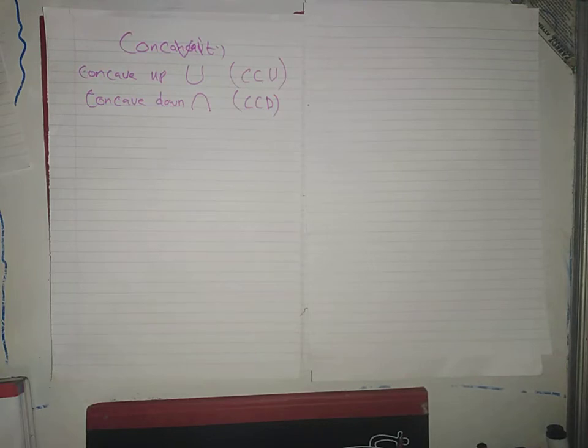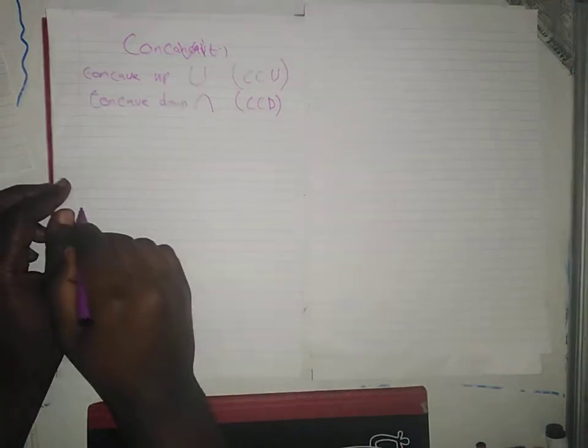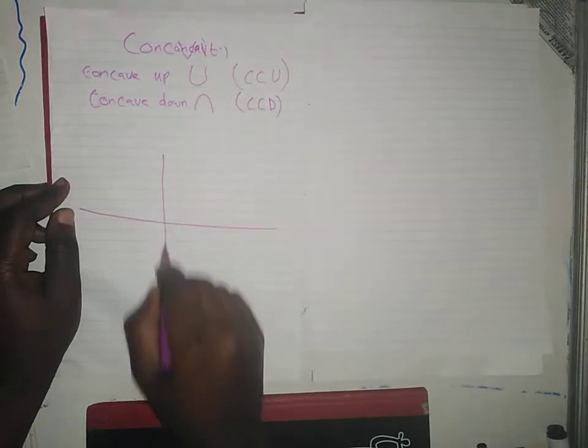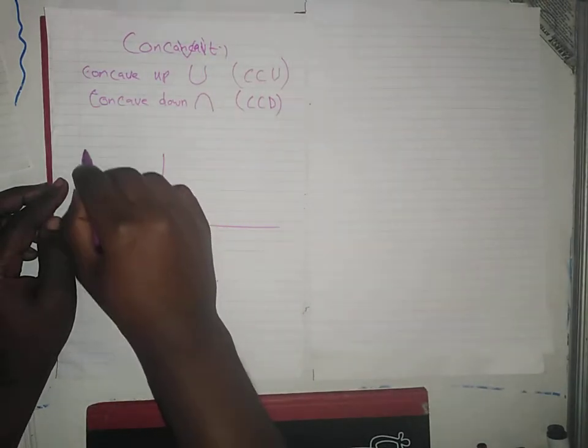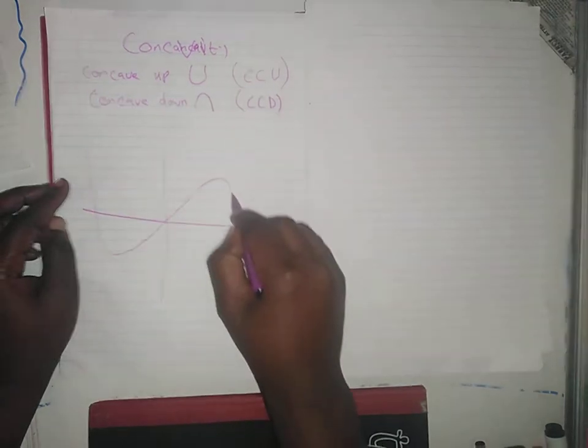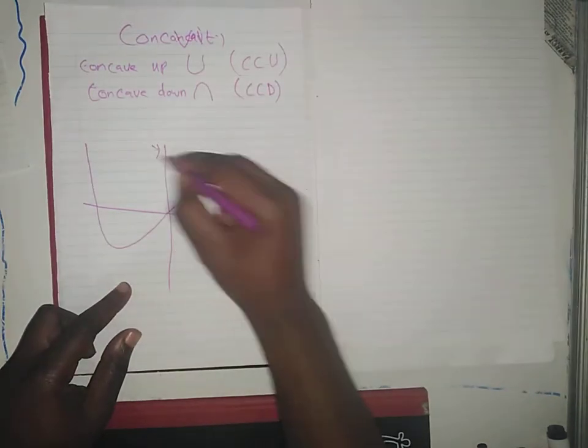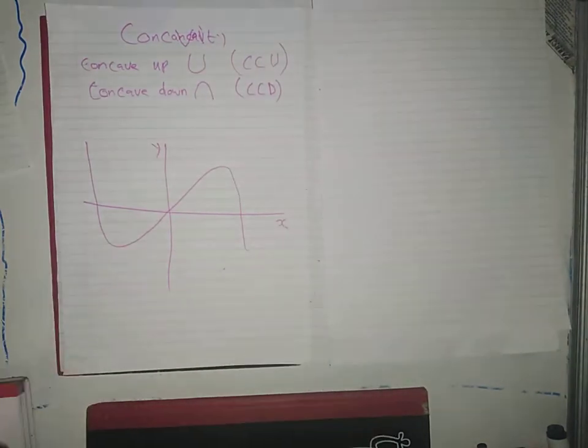At this level, at grade 12, you are usually faced with a situation where you've got a graph that you are dealing with. Let me use a different color. Let me just write this Y here, and then X here.